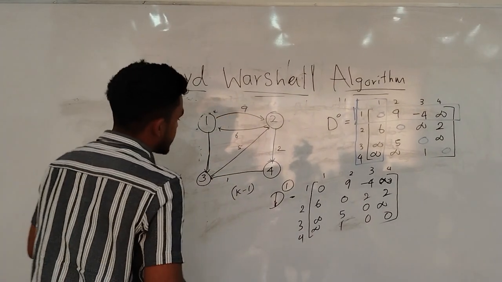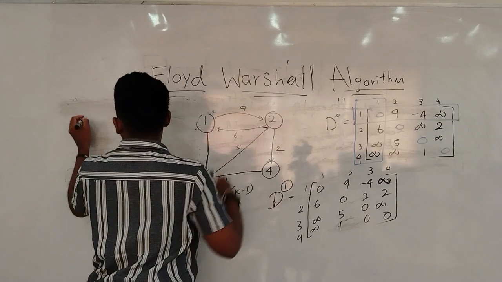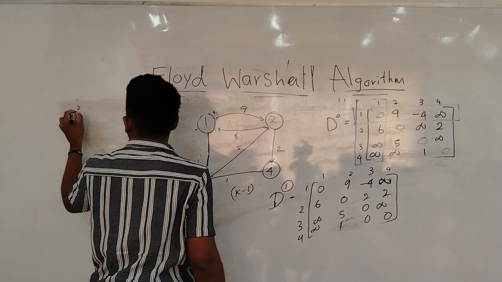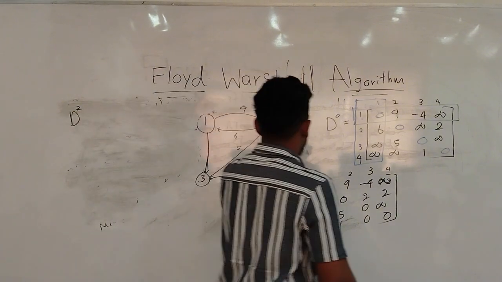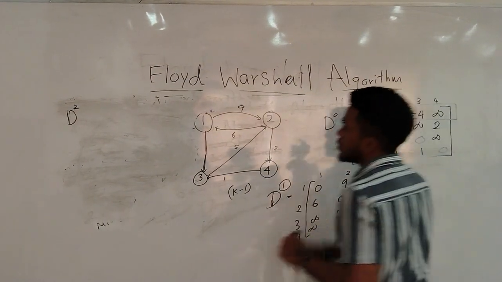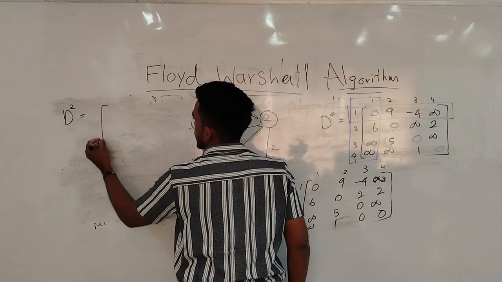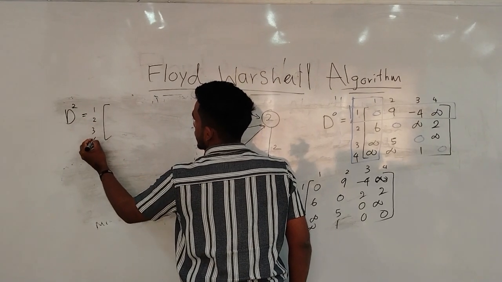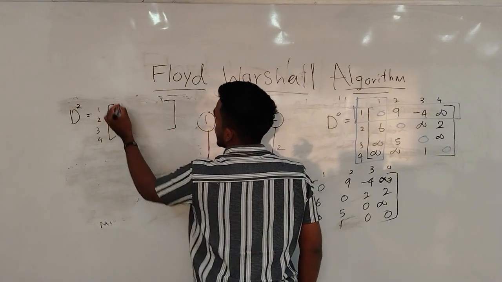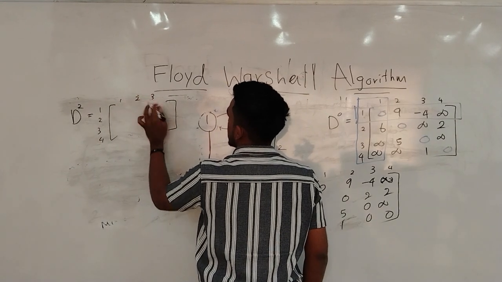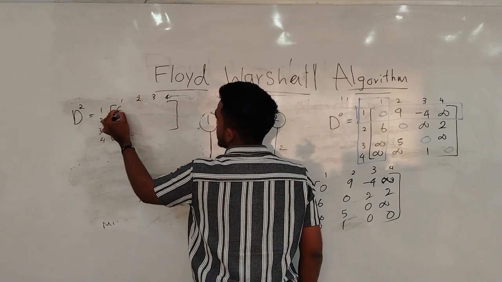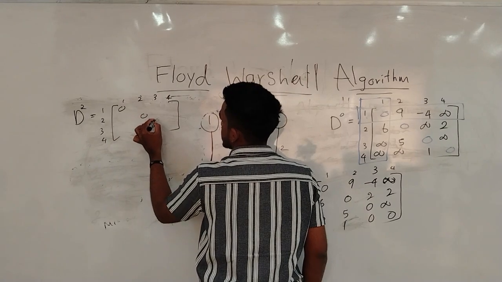Now we need to find the distance matrix through the 2. So 1, 2, 3, 4. All these diagonals are 0.